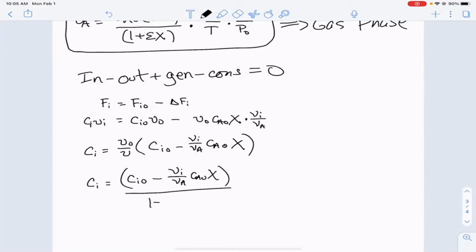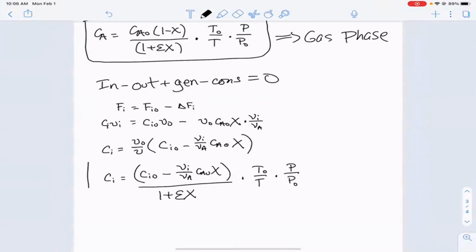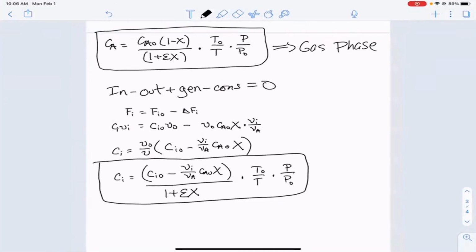So this is just 1 plus epsilon times X times T0 over T times P over P0, okay? And now we have an expression not just for A, but for all of our reactants as a function of the conversion for a gas phase reaction, which is interesting. Now, your book takes this one step further, and sometimes I like it and sometimes I don't, and I'll explain why in just a minute.